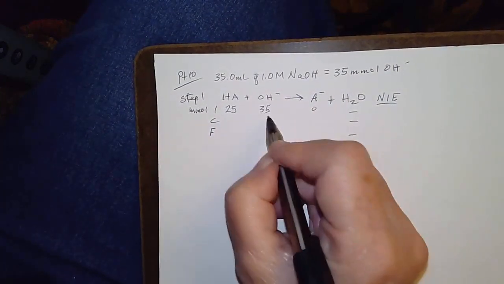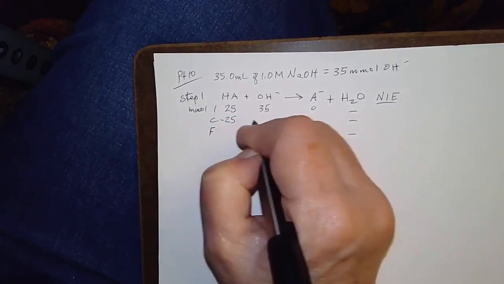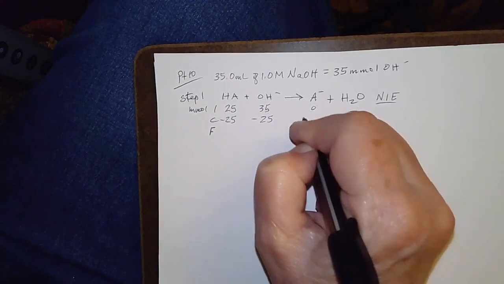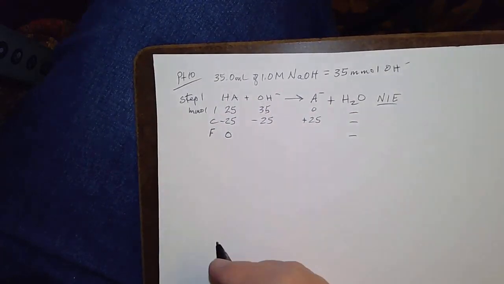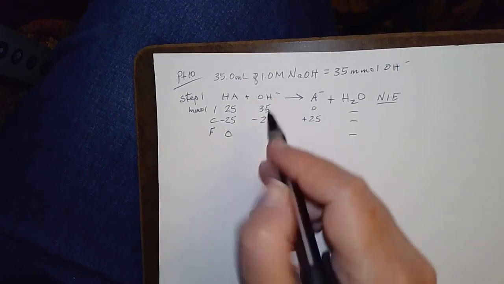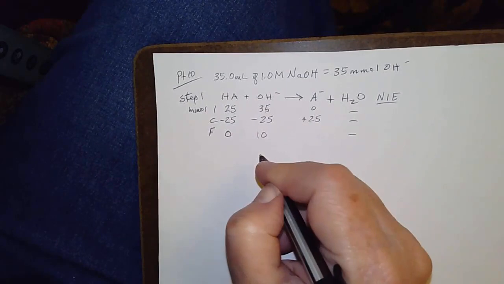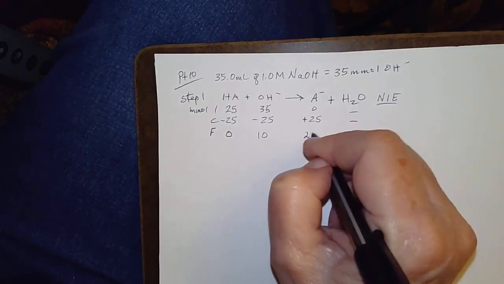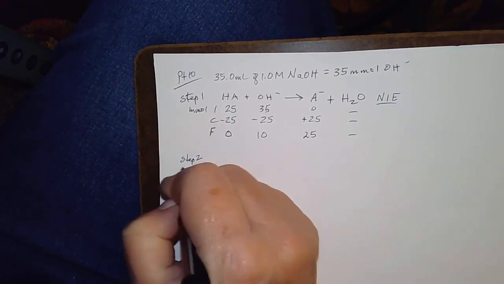This is not limiting anymore. This is limiting. So you have to watch out for that. You don't have any acid left, so I busted my buffer. And I have 10 millimoles of strong base and 25 millimoles of acid. So step 2 will do it.